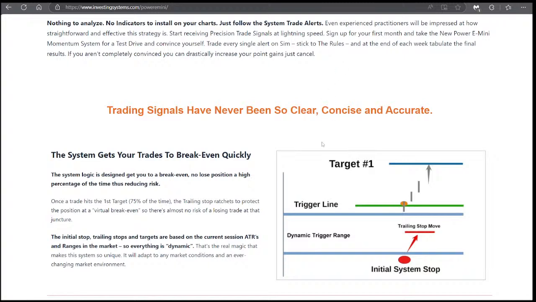This is another little graphic of how the system gets your trade to break even quickly, and that's a big piece of the puzzle. And I've got presentations and web pages all about introducing break-even trading into your strategy. In a nutshell, most traders approach a trade as a binary event.